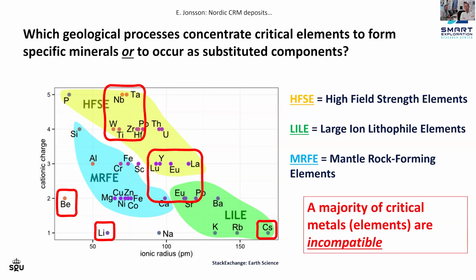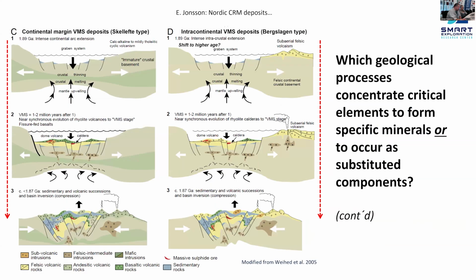So we must note here that the majority of critical metals or critical elements are incompatible in most petrological and geological senses. This means that particular processes are needed in order to concentrate them to mineable amounts. And of course, I will not go through this in any detail.